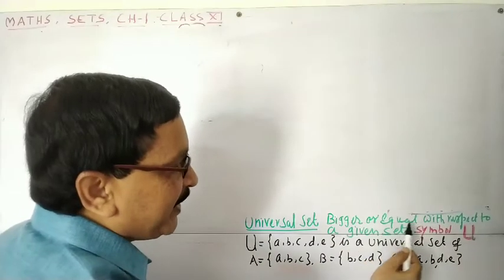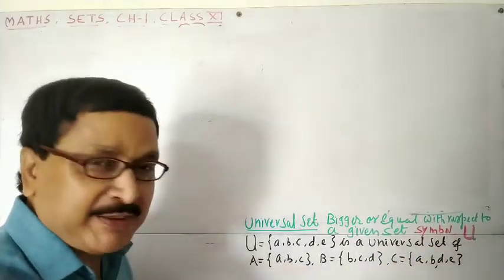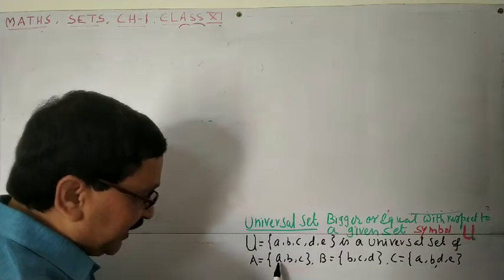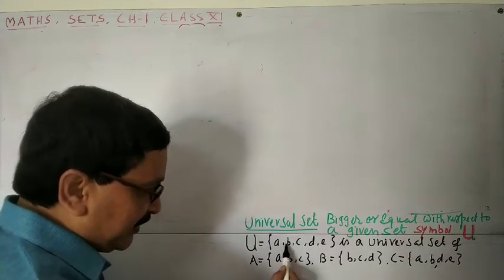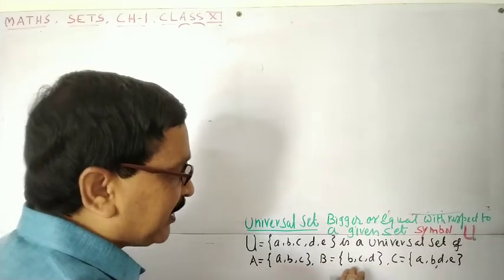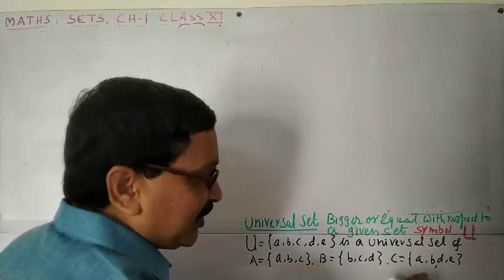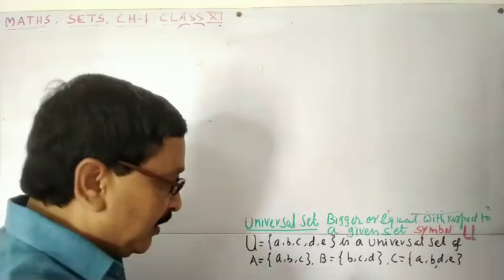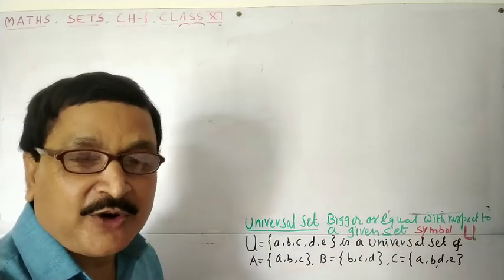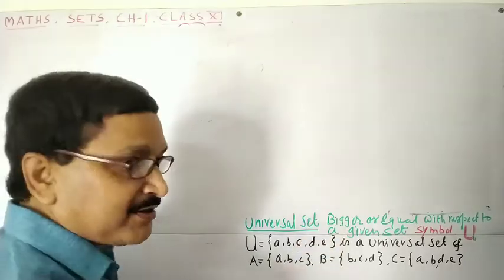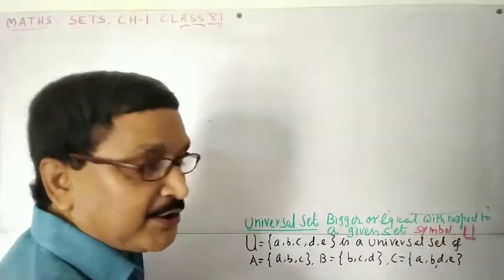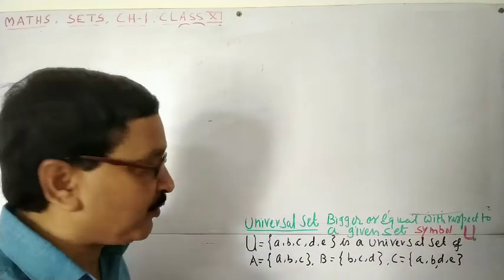This is simply bigger than or equal to all the given sets. The given sets are A, B, C, so A, B, C are already contained in U. So the universal set will contain each and every thing of these 3 small sets. Likewise, India is the universal set of all Indian states. Similarly, this is the concept of universal set. The equality may be there: the whole India is the universal set of the whole India.